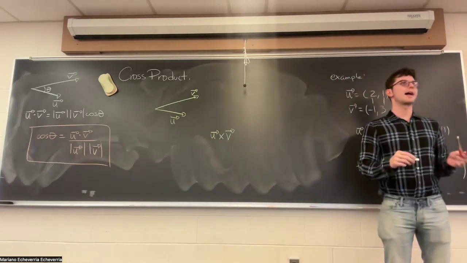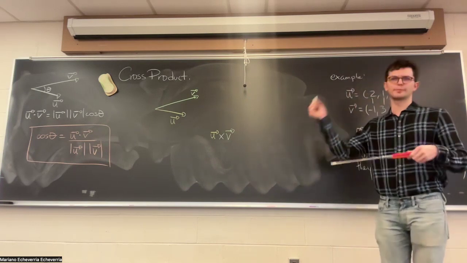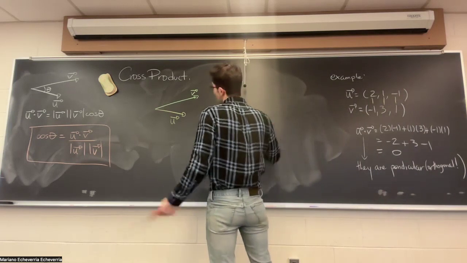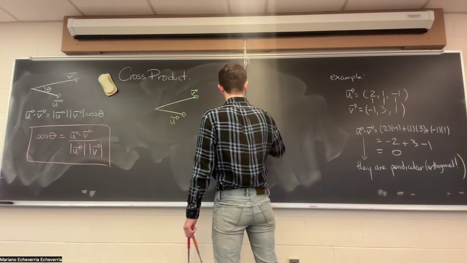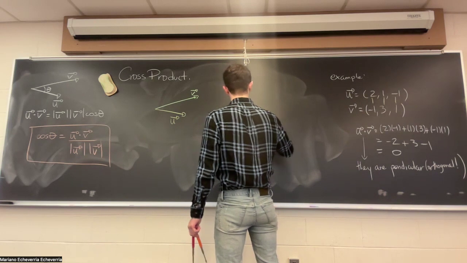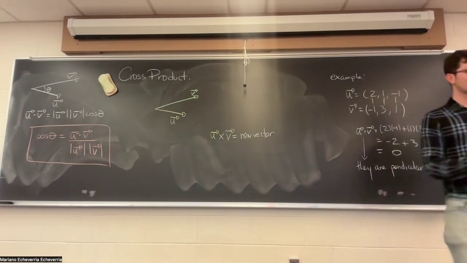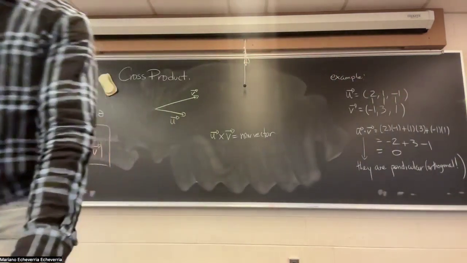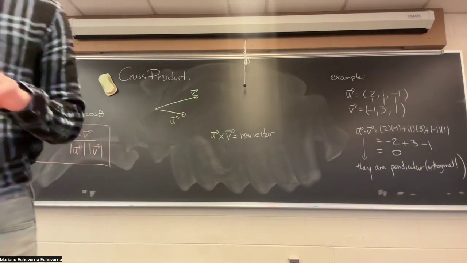And the idea here is that this is going to be a new vector. So before with the dot product, you got a number. Now you want a vector in this case. The key property of the cross product is that the vector that you produce is perpendicular to the original two vectors you started with.